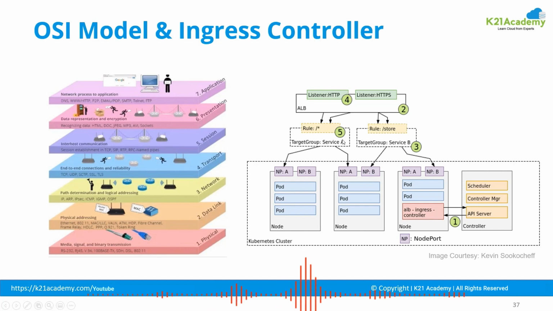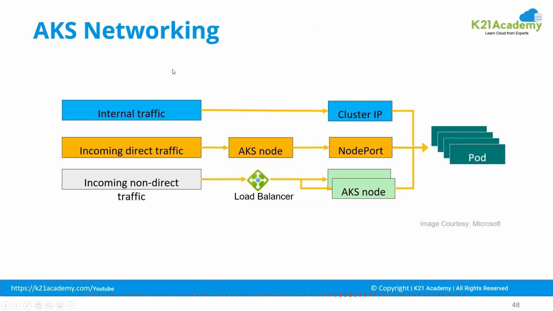Similarly, another rule may say rest everything, forward it to service A, and that service A via the node port will forward it to these two pods or a collection of pods. So if you look at Azure Kubernetes networking, you have internal traffic, pod to pod communication, any communication within the cluster. It can go to the cluster IP or the service that we define, and that can forward requests to the pod.